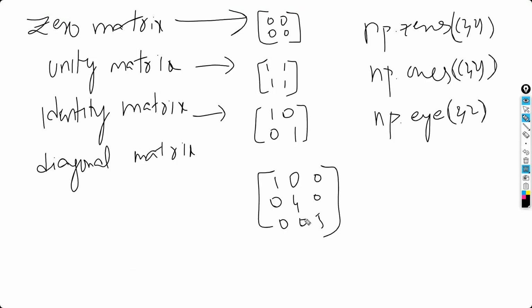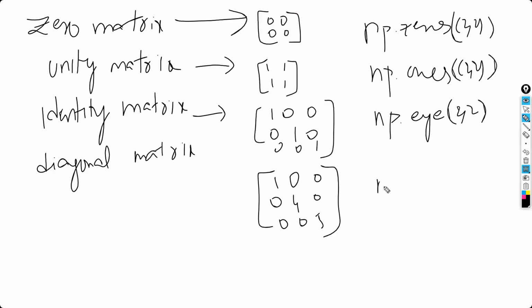What is the difference between a diagonal matrix and an identity matrix? In both cases, the remaining values are going to be 0. The difference is that diagonal values will be 1 in the identity matrix, whereas here diagonal values can be anything. This is called a diagonal matrix.